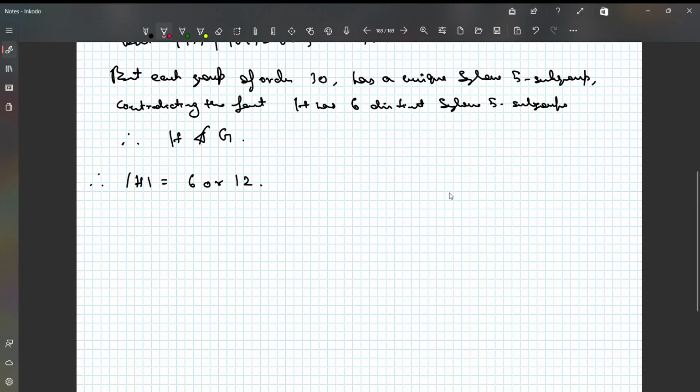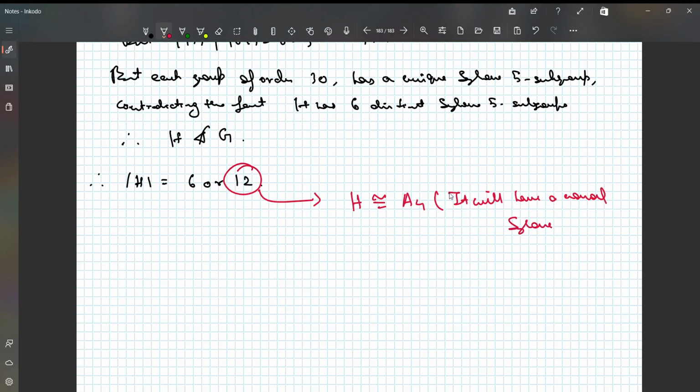Now observe that if the order of H is 12, then H will be isomorphic to A4, and in this case it will have a normal Sylow 2-subgroup, or else H has a normal Sylow 3-subgroup. This comes from the analysis of groups of order 12. So it has a normal Sylow 3-subgroup, right?